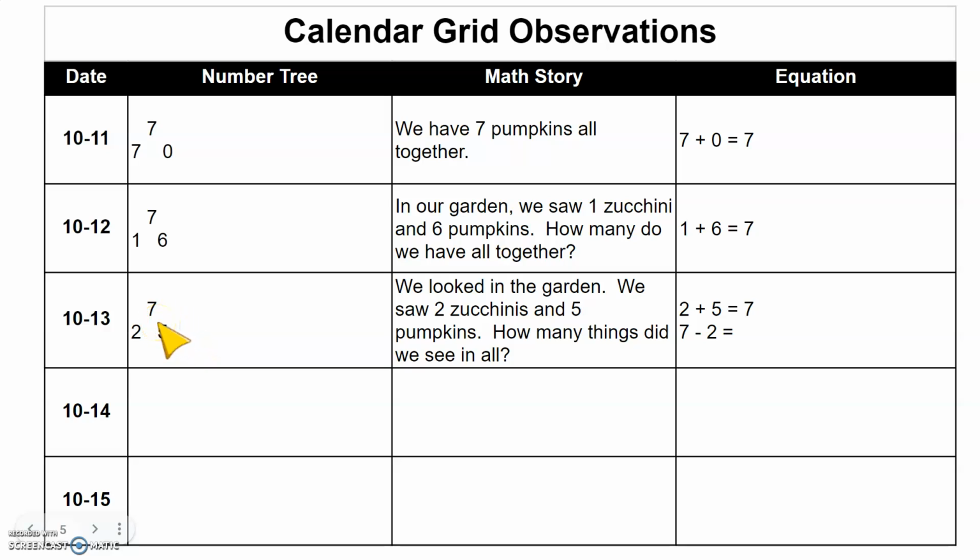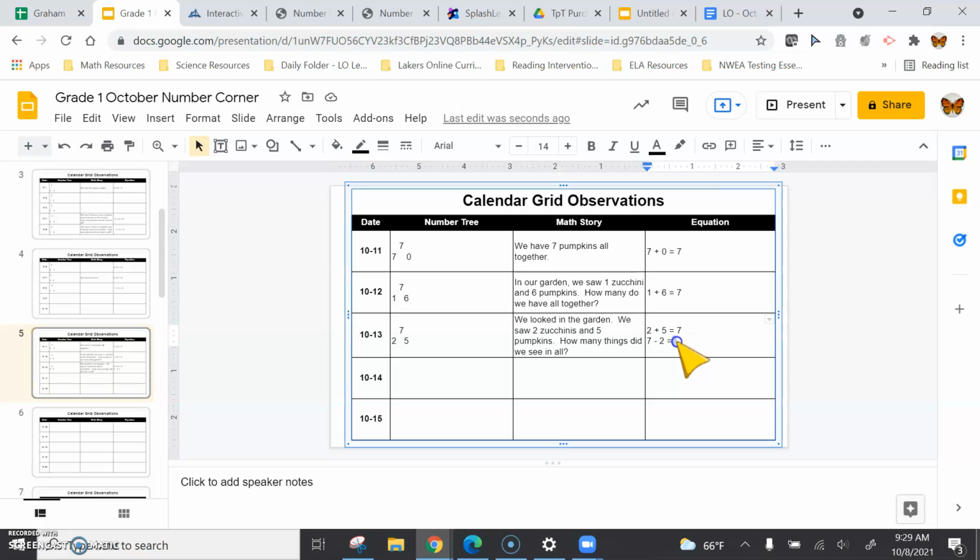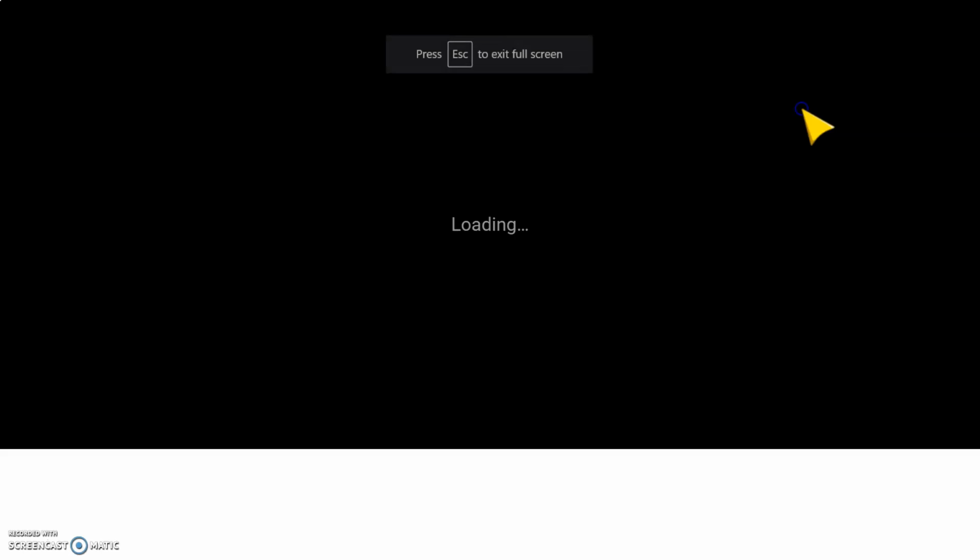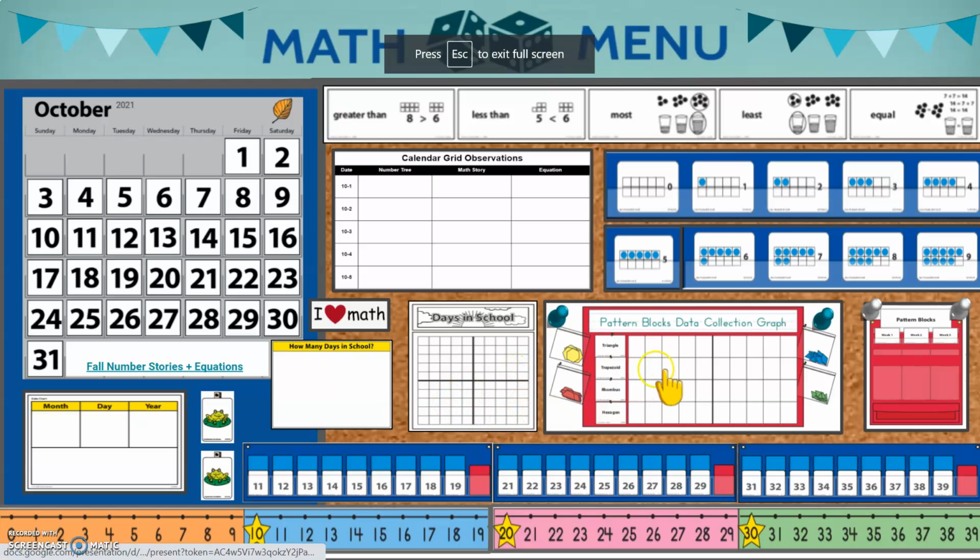So if we said that we had 7 things in the garden and we took away 2, we could actually find out by using our number tree that the answer was 5. I want you to see that this will work for addition and subtraction, when we are adding the numbers together and when we are also taking away things. Good job, All-Stars, and we're going to practice that more and more.